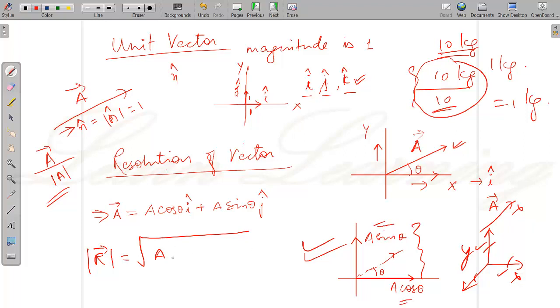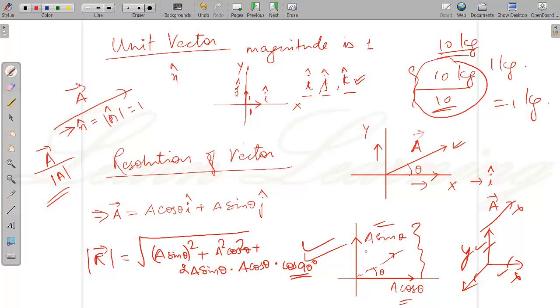Can we check that? You know that the resultant vector will be the square root of the first vector squared, A square, plus B square plus 2ab cos theta. What is the angle between these two vectors?